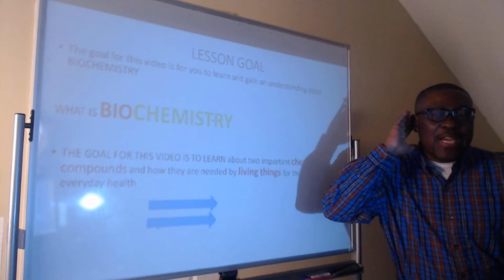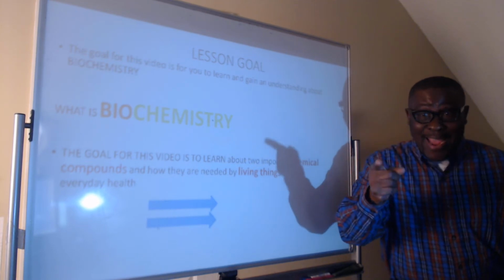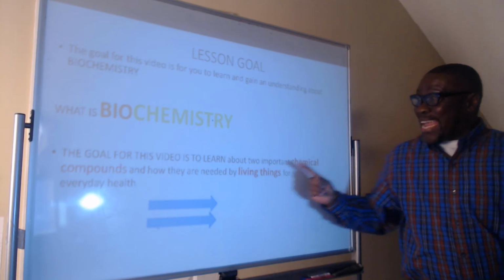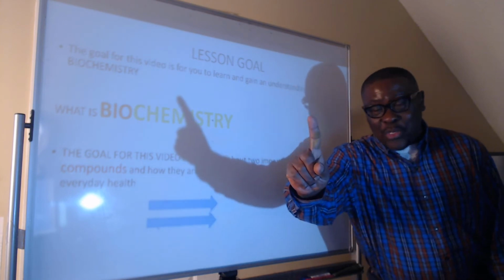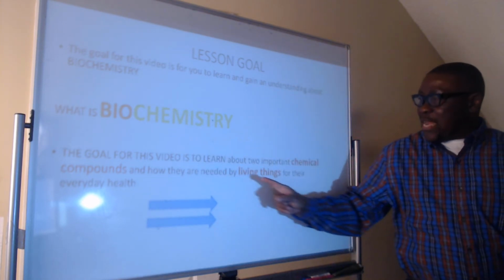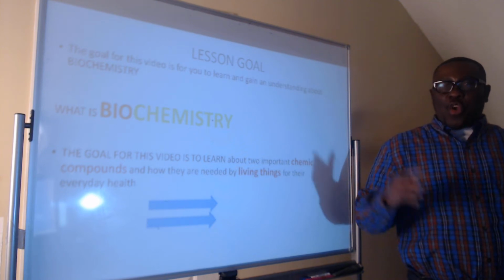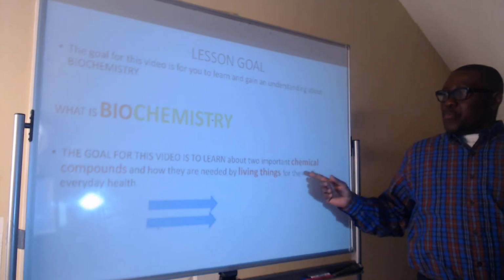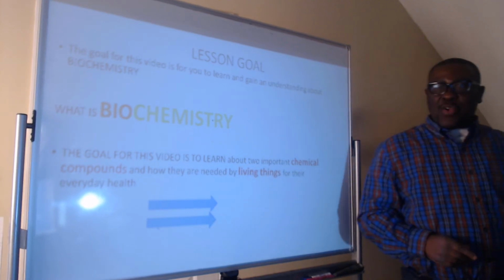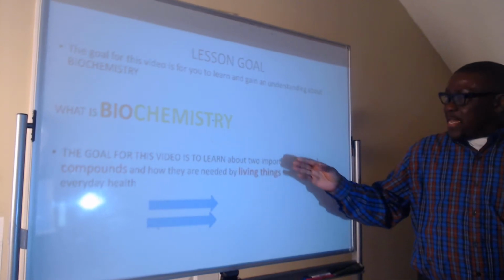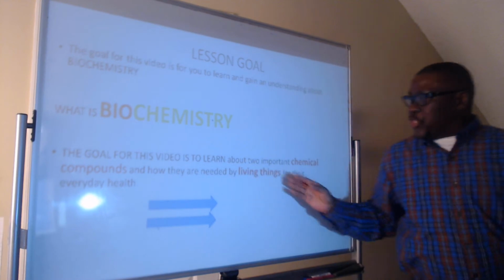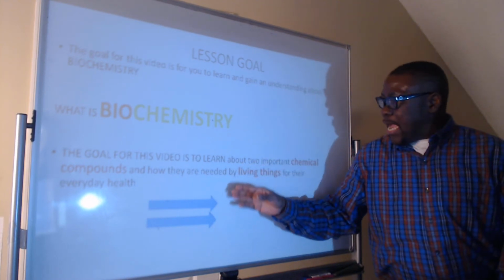Think about it. Yeah, the key words are what? Chemical compounds, and then you have living things, that's another key word. So concentrate on those two: chemical compounds and living things. How many do I have highlighted? One and two, chemical compounds and living things.